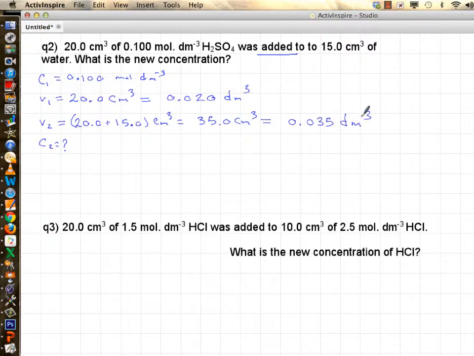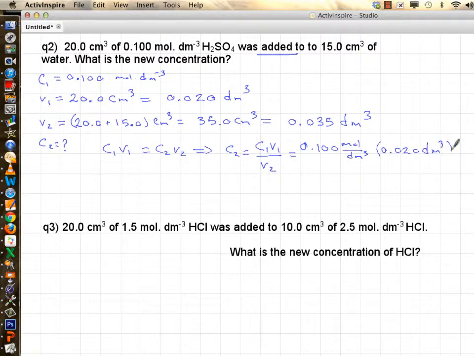Now we are ready to plug it in. C1V1 equals C2V2. So C2 is nothing but C1 multiplied by V1 divided by V2. In this case, it's 0.100 mole per decimeter cube times its respective volume, which was 0.020 decimeter cube, divided by the new volume, which was addition of the water to the old.